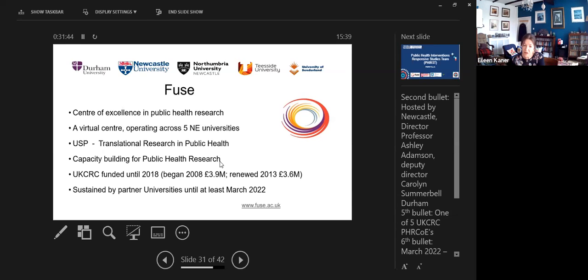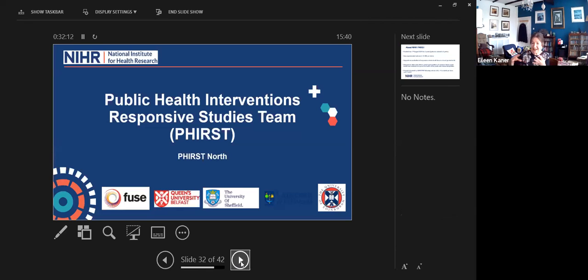And when it was first funded by something called the UK CRC, it was very much about trying to build capacity to have more staff able to do public health research. Its funding from the Clinical Research Collaboration has ended, and now the 5 local universities all chip in to make sure that FUSE can carry on in the way that it does, trying to keep our public health community very much knitted together.